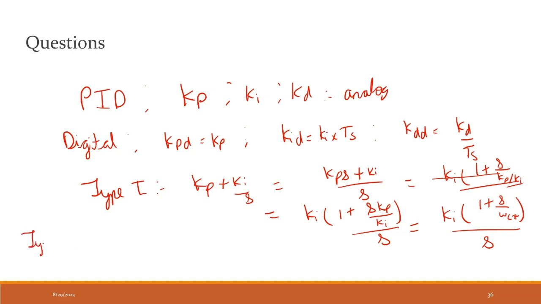A type 2 compensator has K into 1 plus S upon omega Z, divided by S into 1 plus S upon omega P. Okay, this is a type 2 compensator.